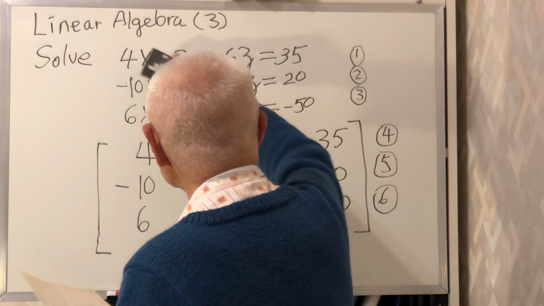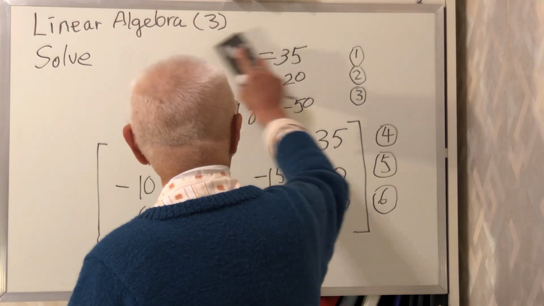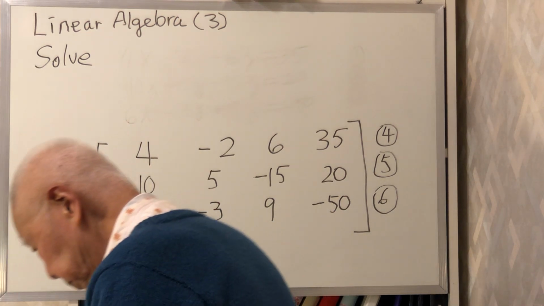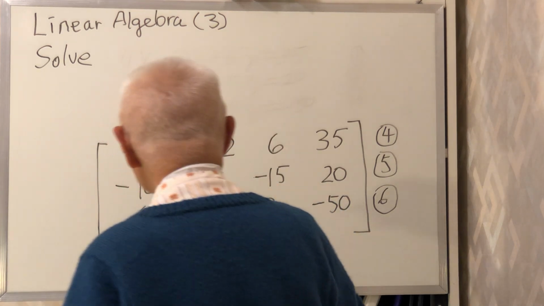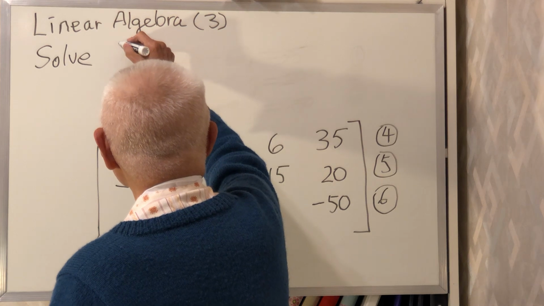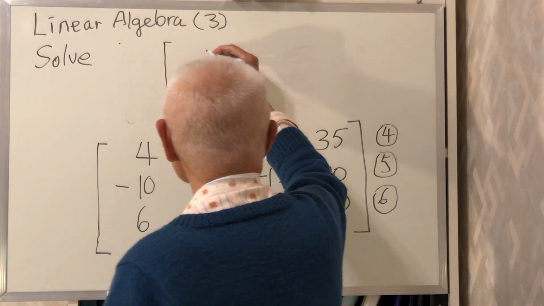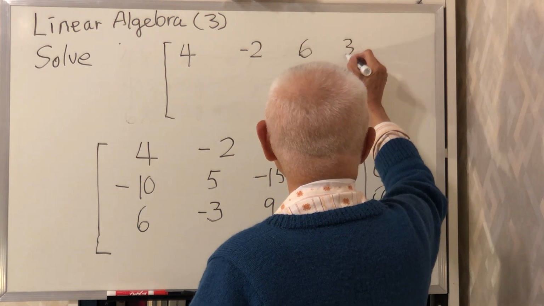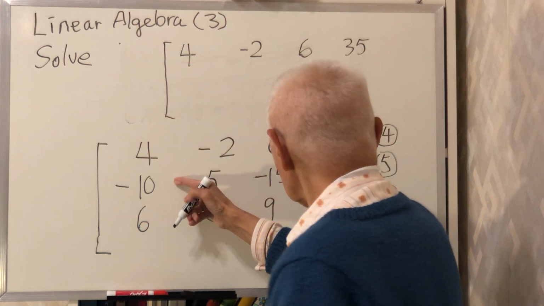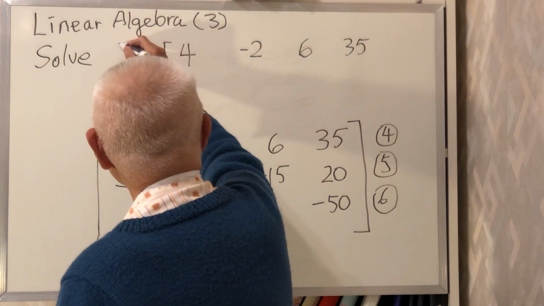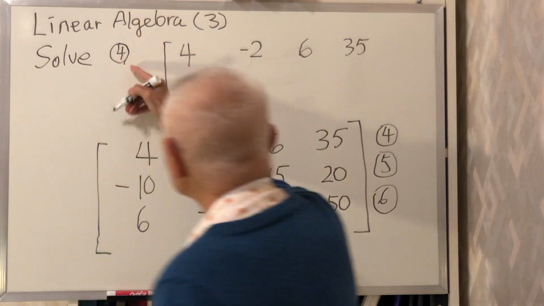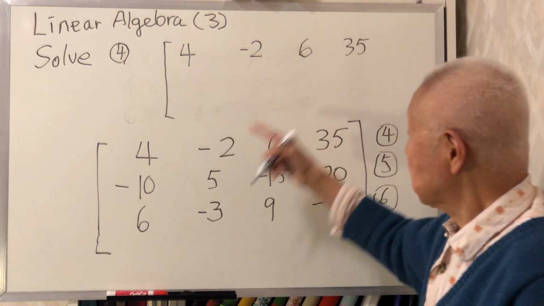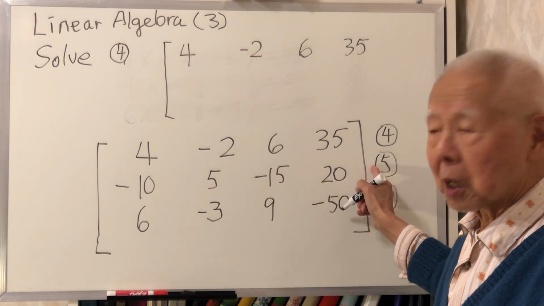Let me erase this. This row is still row 4, not this 4. And next, I divide row 5 by 5.